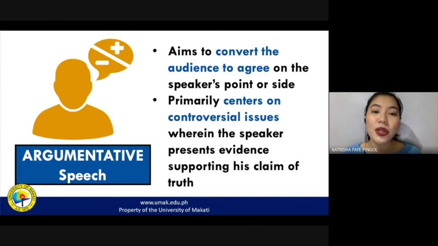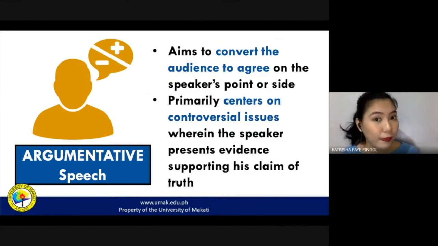Argumentative speeches are often delivered when you want to center on controversial issues, wherein the speaker presents evidence supporting his claim of truth. So, when we say controversial issues, these are topics of conversation that people might agree or disagree with. Topics of conversation that might be thought of as bad or good. There will always be two opposing sides to it, or even more.